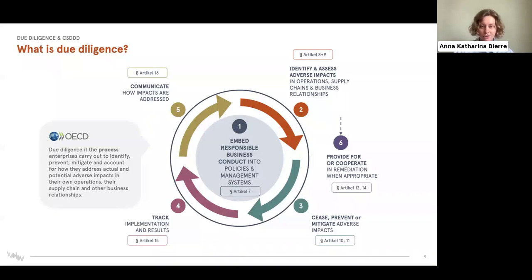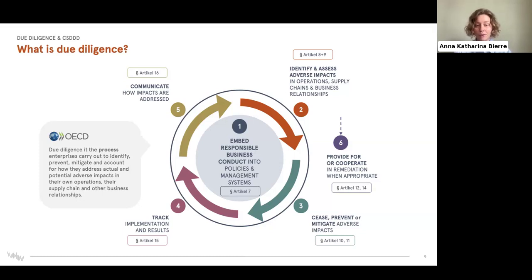But I will start with just answering the question, what is due diligence? And when we talk about sustainability due diligence in this context, we mean a process. It's a very specific process that enterprises carry out to identify, prevent, mitigate, and account for potential and actual impacts. It applies to impacts across the entire value chain of a business.